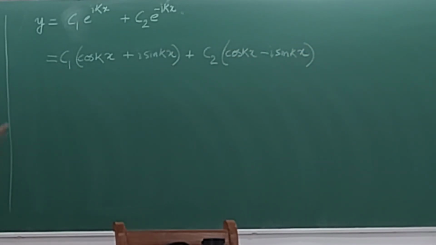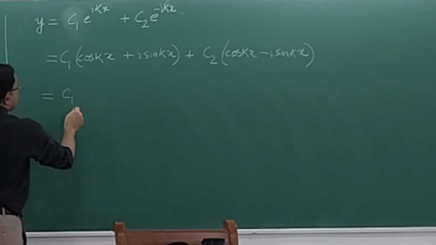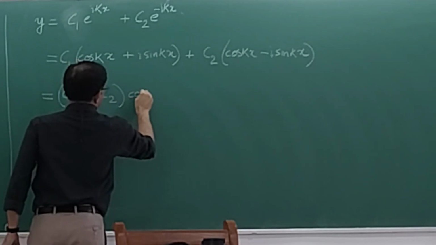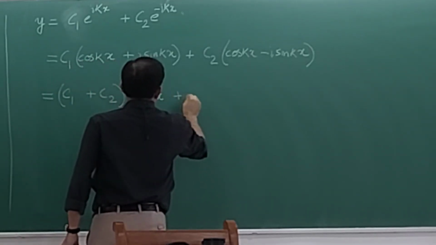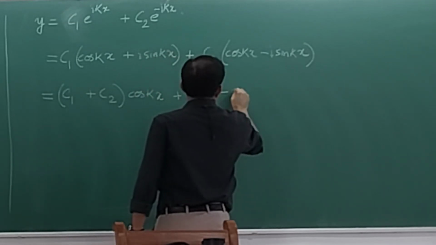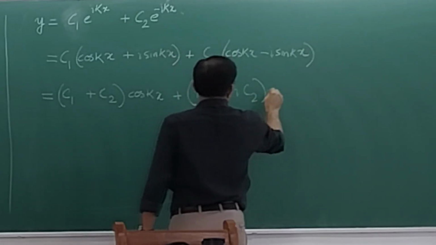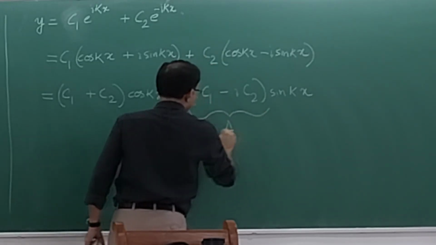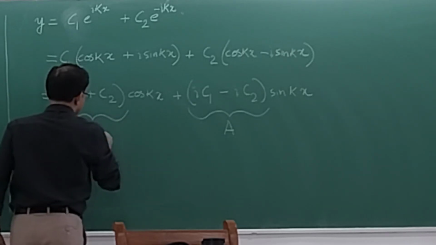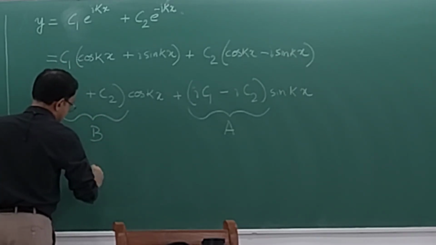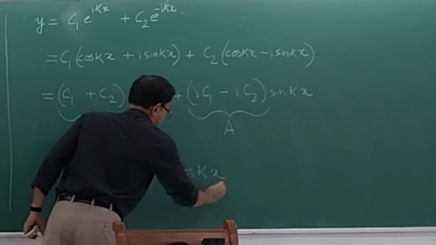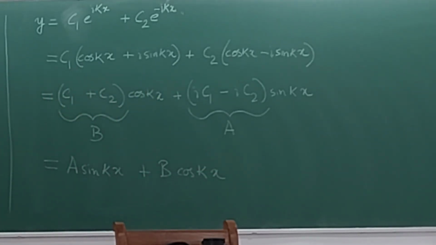What I'll do is group the cos kx terms together and group the sin kx terms together. This particular combination I will call A, and this particular combination I will call B. So overall what I will have is A sin kx plus B cos kx. This is the general solution.